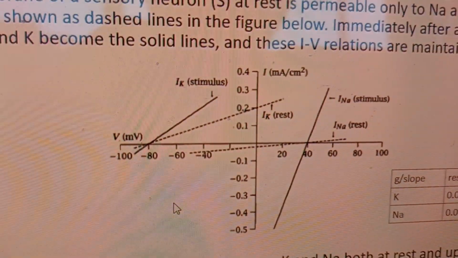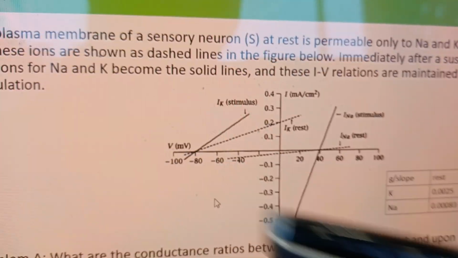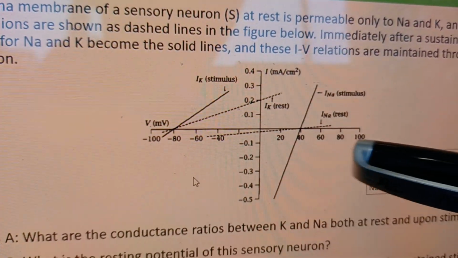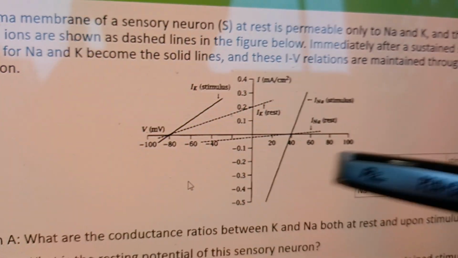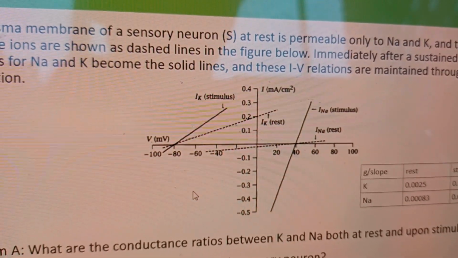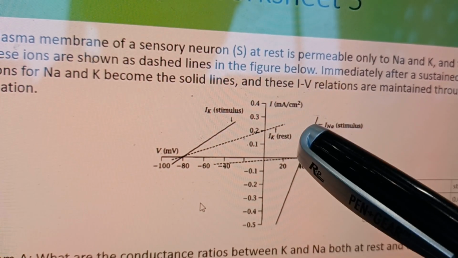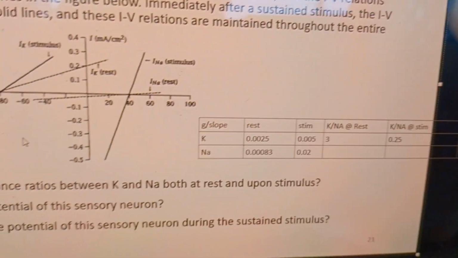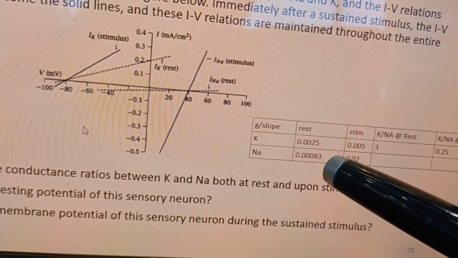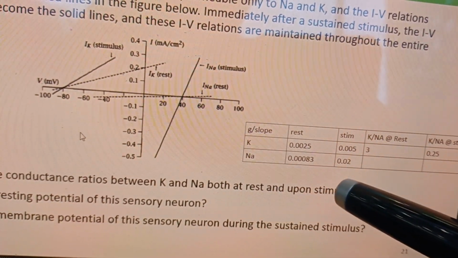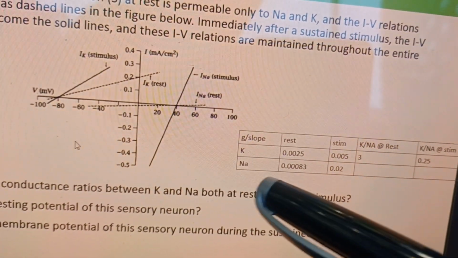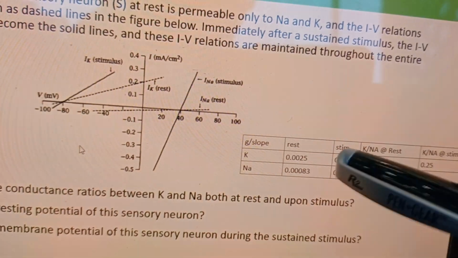Find the point on the voltage axis where the current is zero, because that's the equilibrium potential, and then get a slope from that point to any convenient point on this flat line. If you do that, you get the conductance at rest of potassium and sodium. We get these numbers, and upon stimulus we get these, which are just different lines.